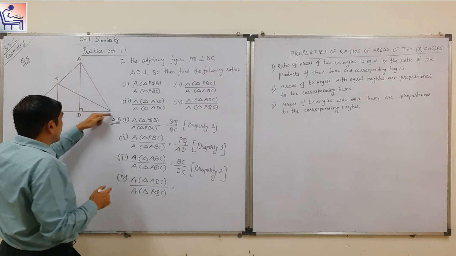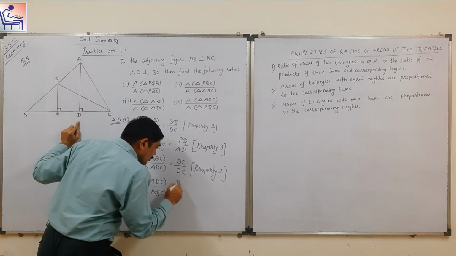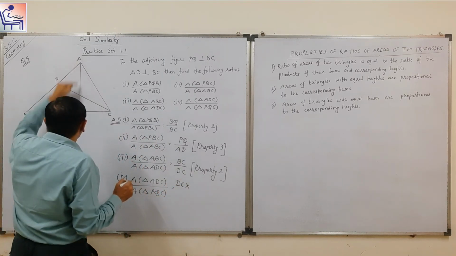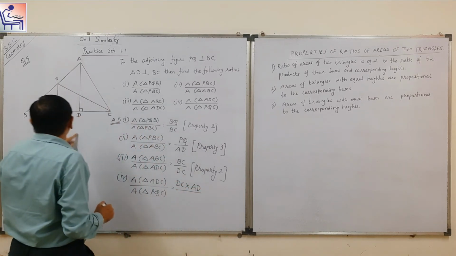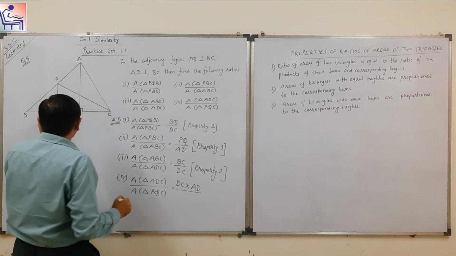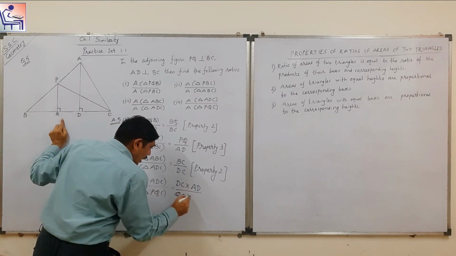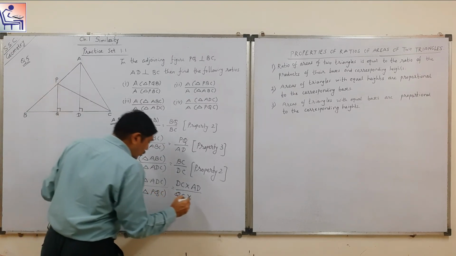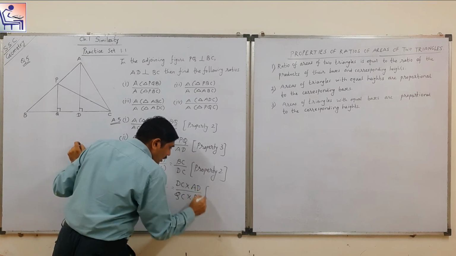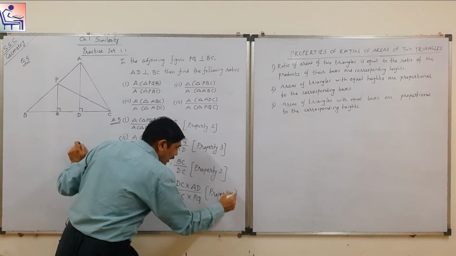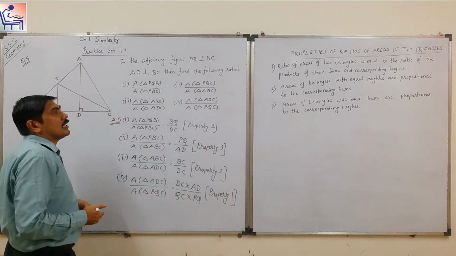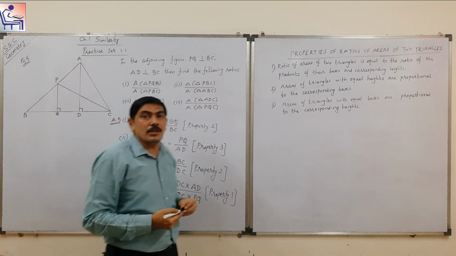So ADC में अगर बेस देखे तो DC है और हाइट देखे तो AD है. And then in PQC base is QC and height is PQ. Here I will write property 1. Please write it completely, all the properties which I have written here.